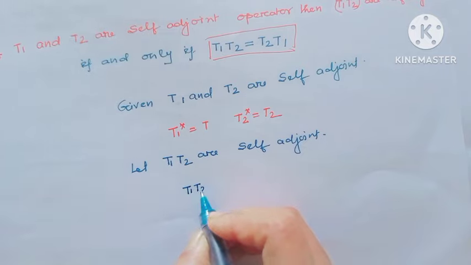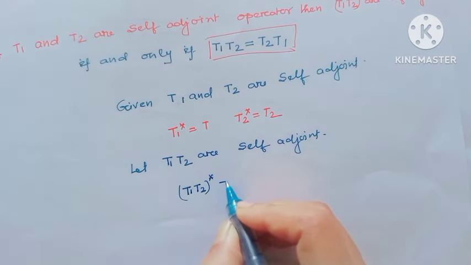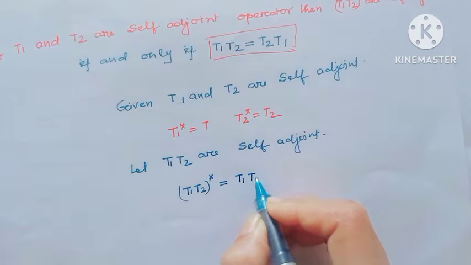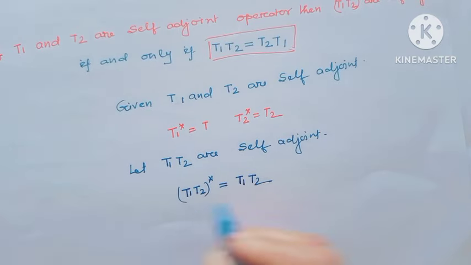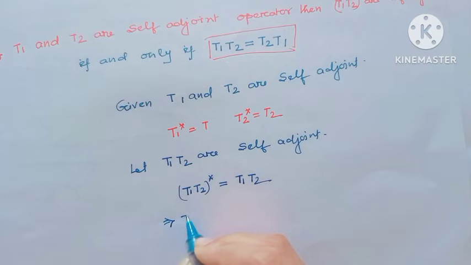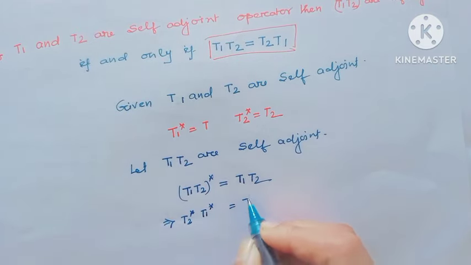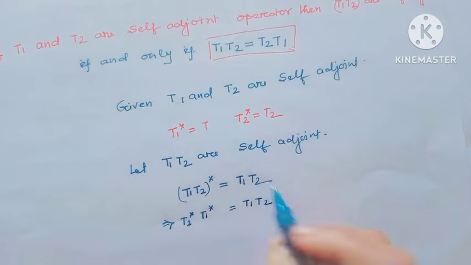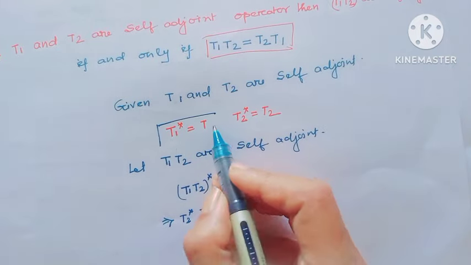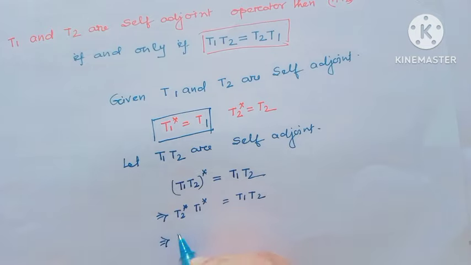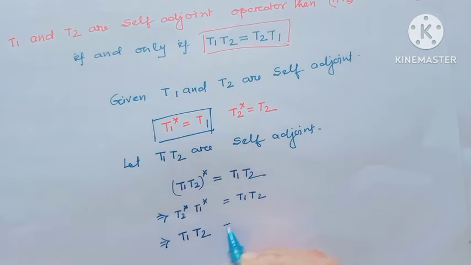Then obviously T1 T2 star equals T1 T2. By the property of adjoint, this is equal to T2 star T1 star, which equals T1 T2.